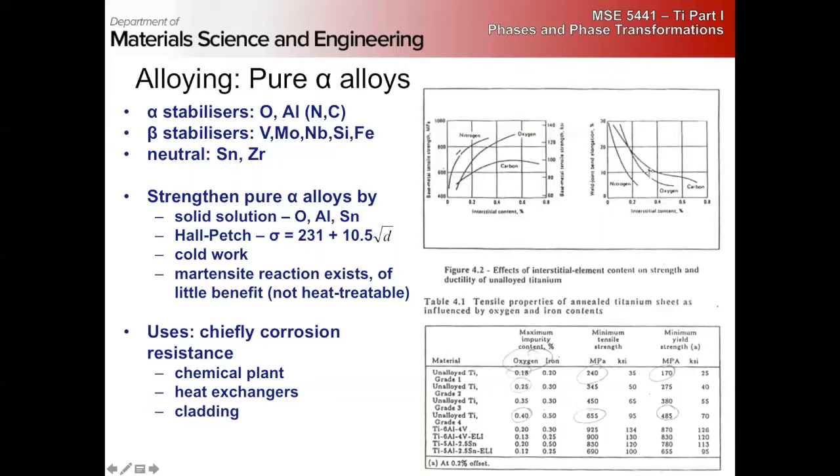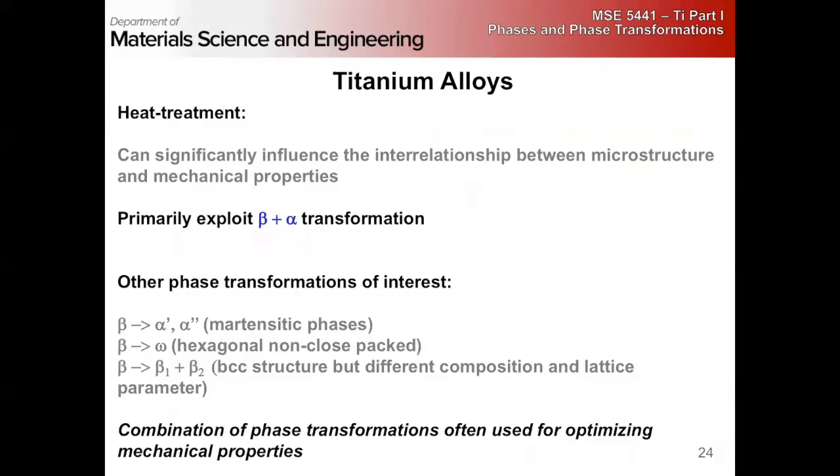But you're also going to suffer a huge amount of loss of ductility, right? And you're still nowhere near the yield strength of, say, Ti 6-4, which is 870. So the alpha alloys, even in their strengthened state, are still significantly weaker than the commercially important alpha plus beta alloys.